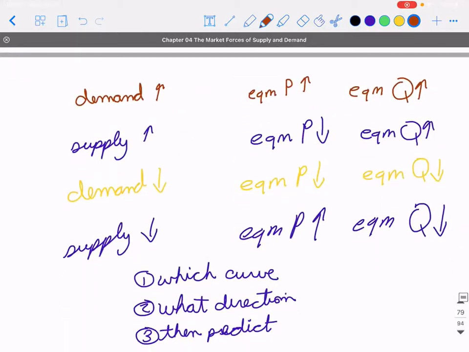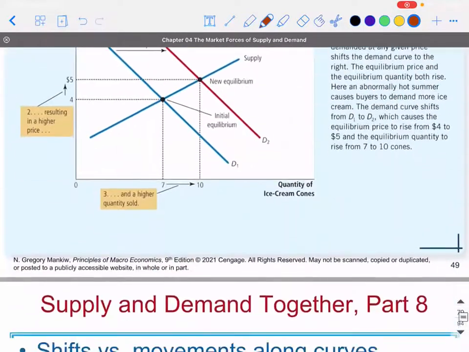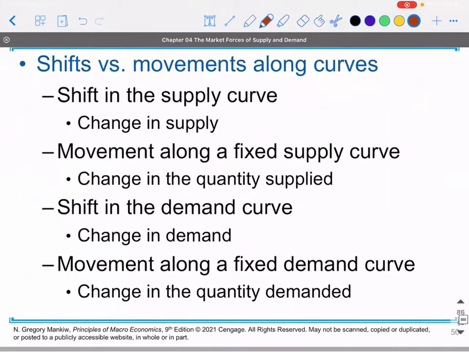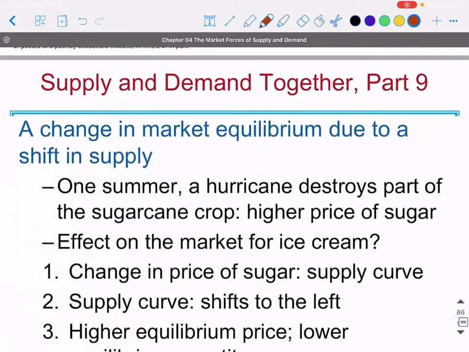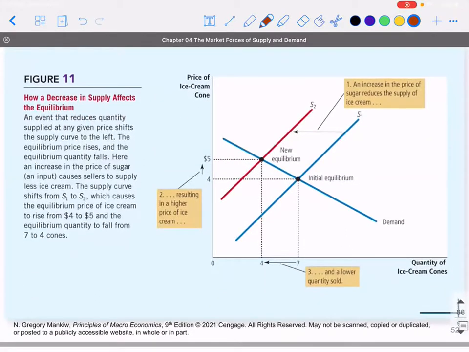Demand goes up, quantity goes up, price goes up. Okay. Here we've got a decrease in supply, causing an increase in price, decrease in quantity. Again, you can go back to that earlier chart and prove that to yourself.